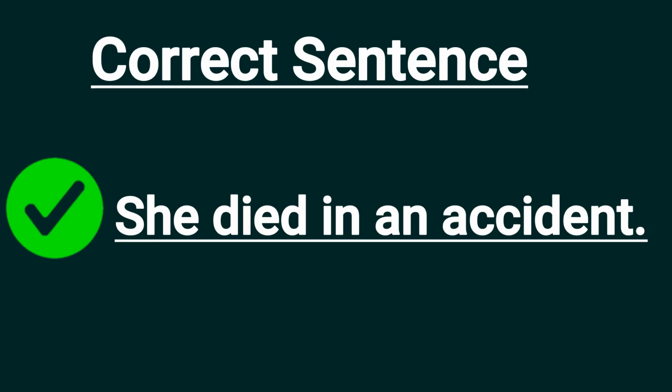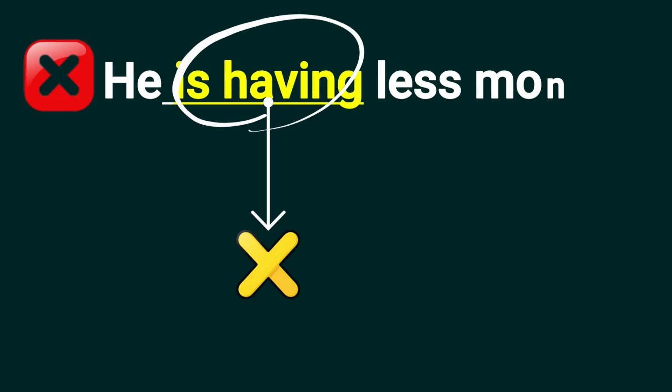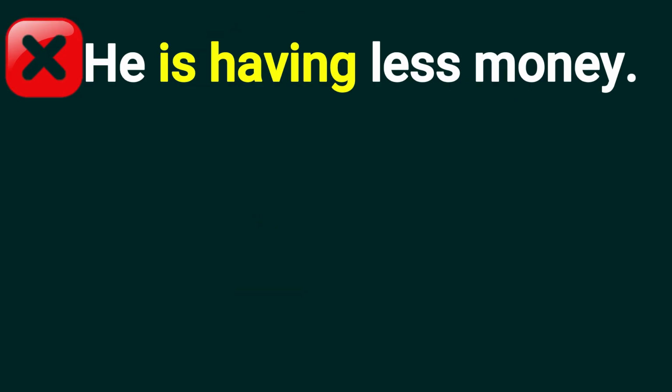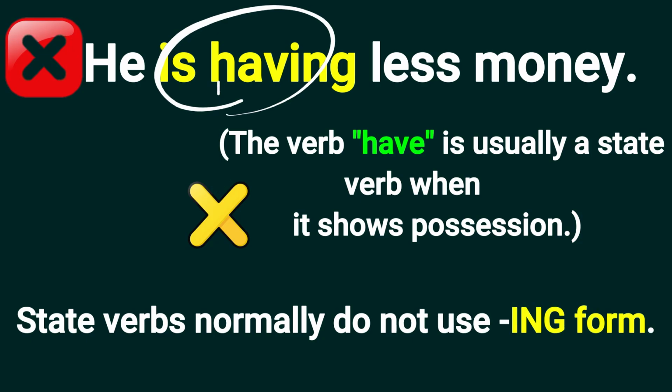Now mistake number eight: he is having less money. So let's find out the mistake. Using "is having" is wrong. Let's find out the reason. The verb "have" is usually a state verb when it shows possession, and state verbs normally do not use the -ing form.